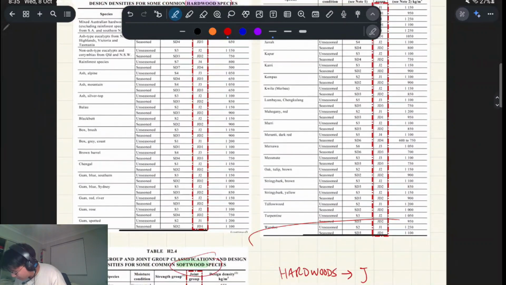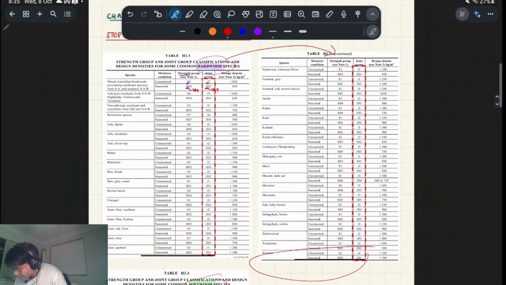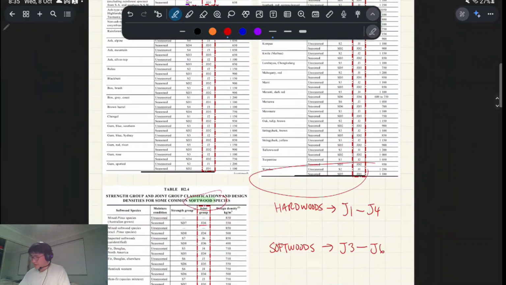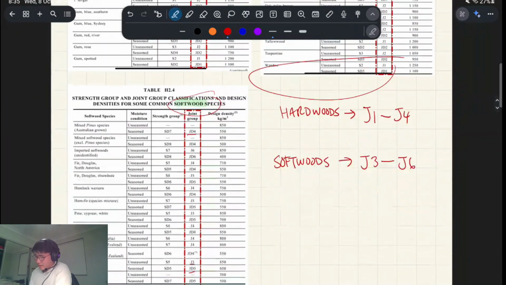Yeah, over here, J1 to J, most of them go to like 4. There might have been like 1 to 5 or something if you can see it in the list. But yeah, there's like 1 to 4. And so you can see that the lower the number is, the stronger it is essentially. The better capacities it will have.